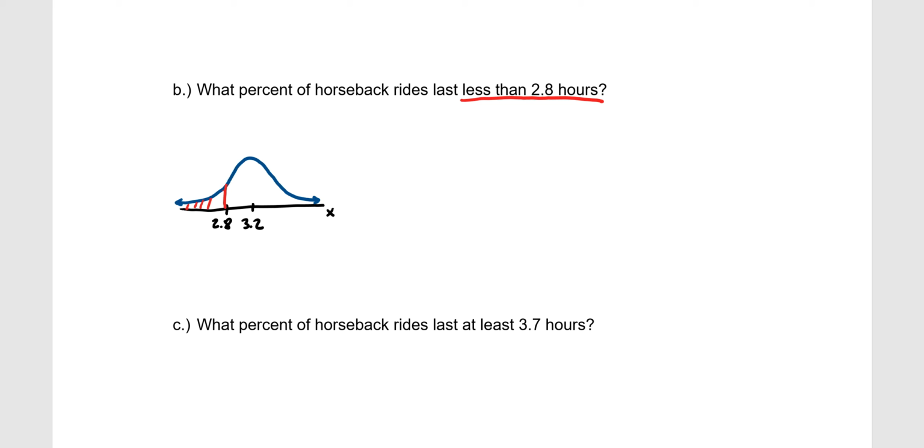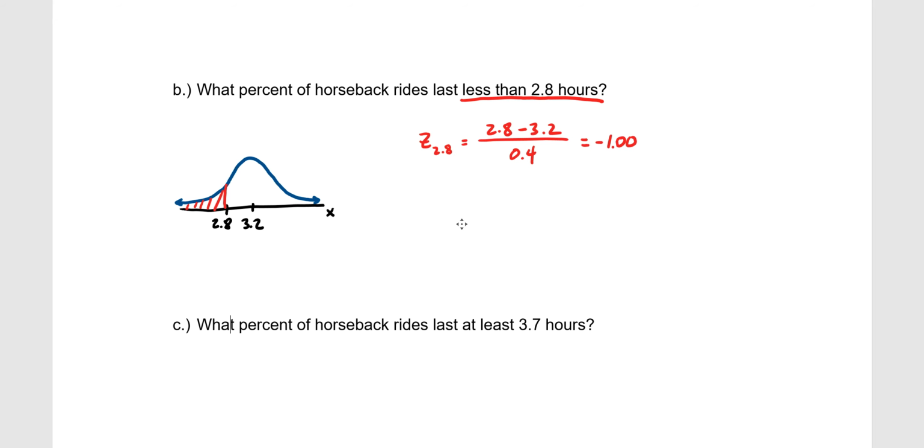So we're looking for an area to the left. So first we have to find the z-score for 2.8. That's going to be 2.8 minus 3.2 divided by the standard deviation of 0.4, which ends up giving us a value of -1, so -1.00.